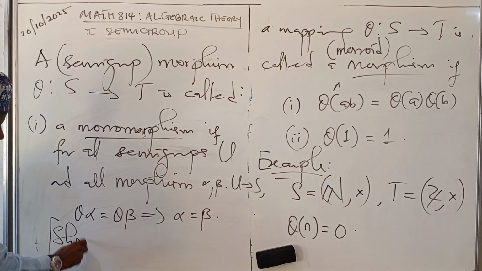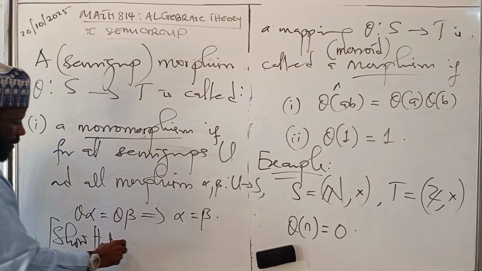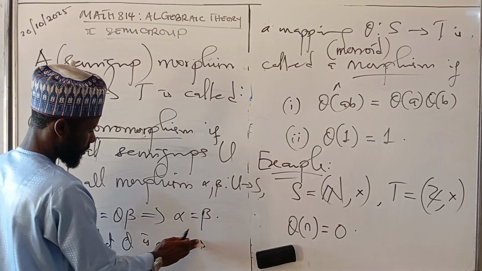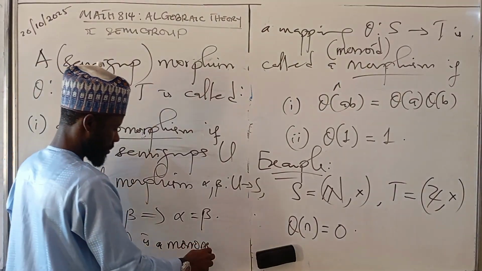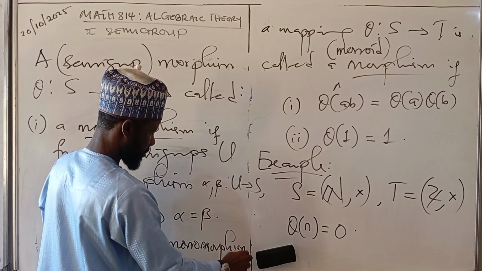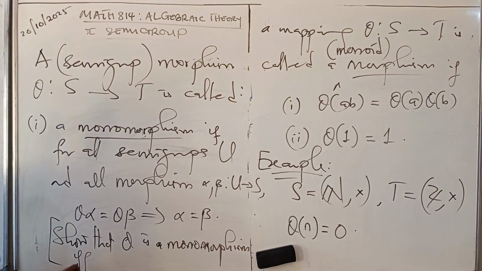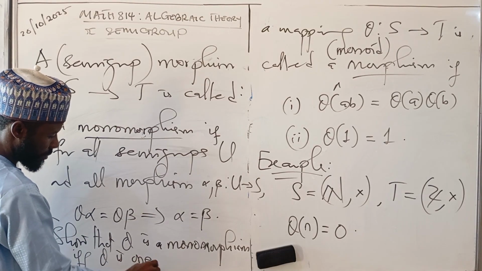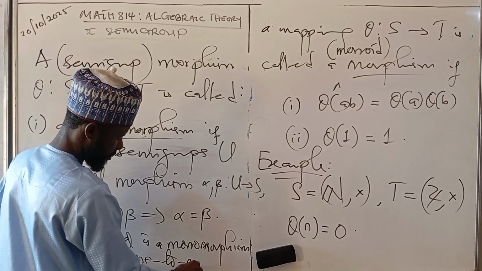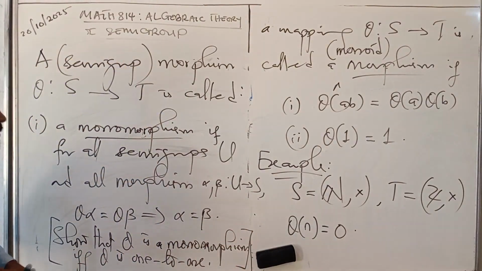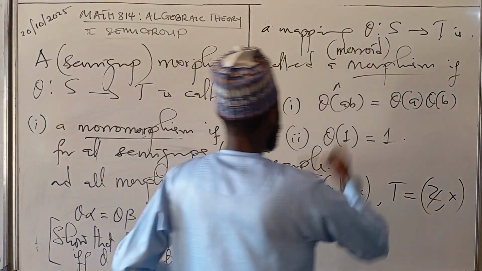Show that theta is a monomorphism if and only if theta is 1 to 1 as a mapping. But this is a categorical form of the definition.